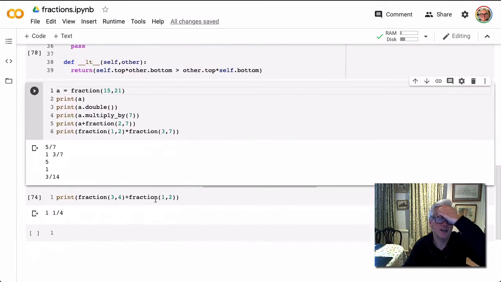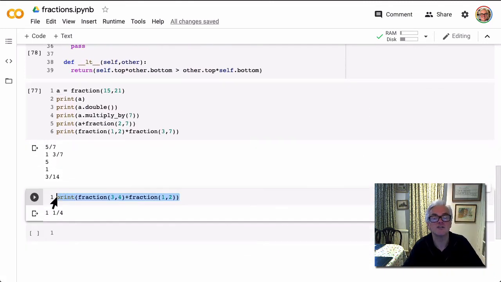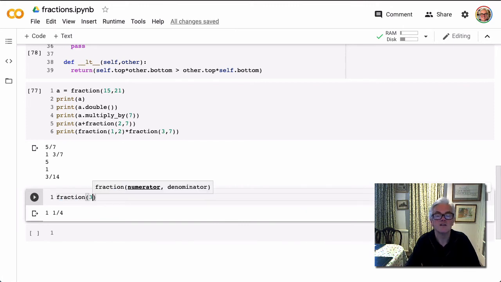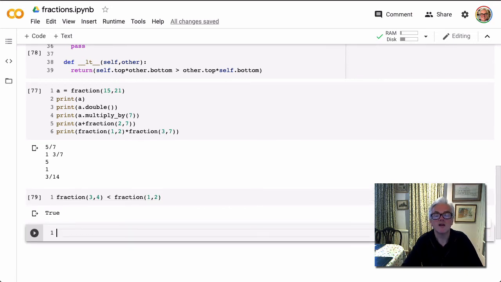I kind of want to test this at this point. Okay, let's see what we get going on down here. So, for instance, I could ask it, is fraction 3/4 less than fraction 1/2? And we should get the answer false. Interesting.